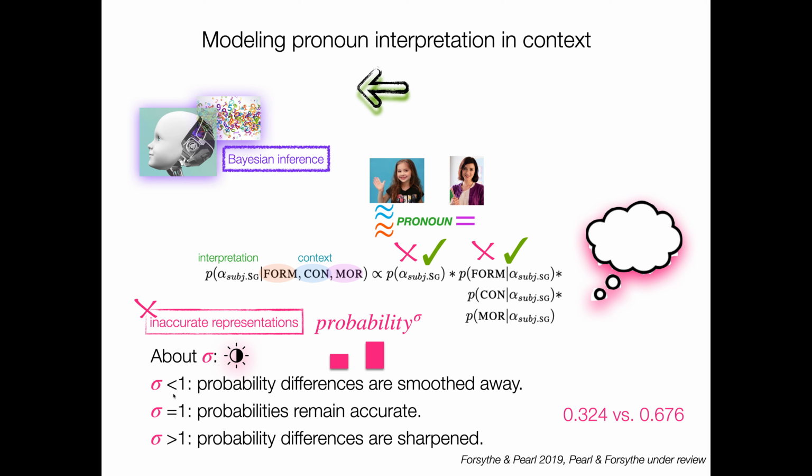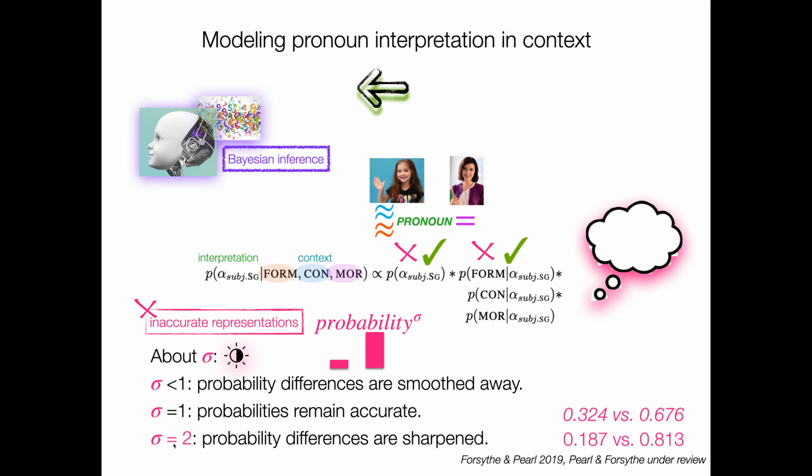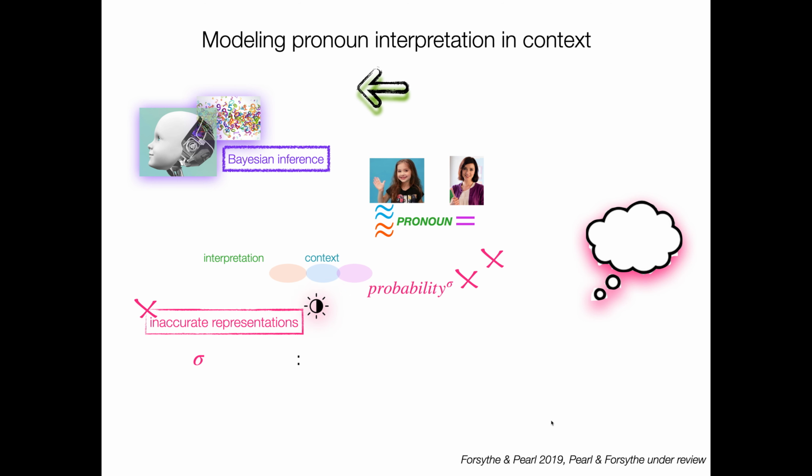But if sigma is less than 1, let's say sigma is 0.5, probability differences are smoothed away. So this becomes 0.409 versus 0.591. And conversely, if sigma is greater than 1, let's say sigma equals 2, the probability differences are sharpened. So this now becomes 0.187 versus 0.813. So you're turning up or turning down the contrast depending on sigma's value.